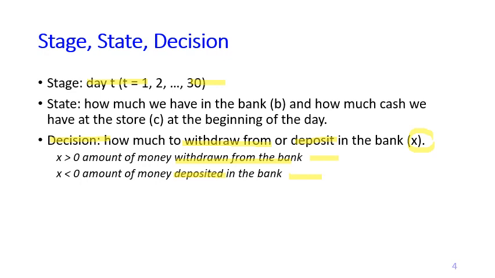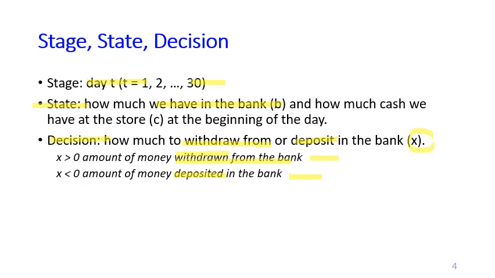Remember that the state is the required information such that you can make a reasonable decision. For example, if you want to decide the amount of money that you withdraw from the bank, of course you need to know how much you have in the bank.